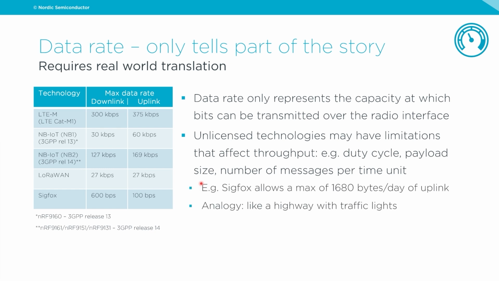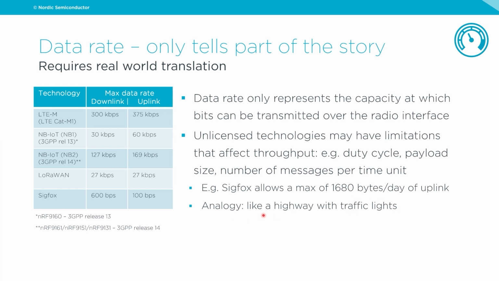One example is Sigfox. Even though it has 600 bits per second or 100 bits per second of data rate, it actually has a maximum number of messages that you can send a day. And if you compute that with the maximum payload you can get on each of those messages, it means that you can send or uplink a maximum of 1,680 bytes per day, which can be a bit limiting depending on the use case.